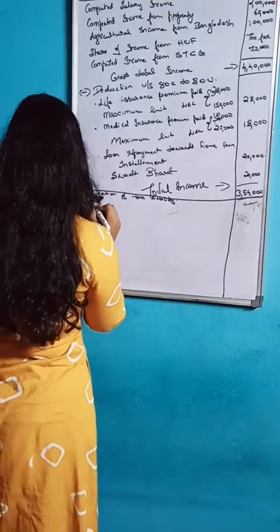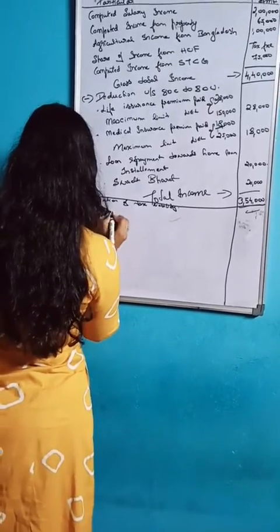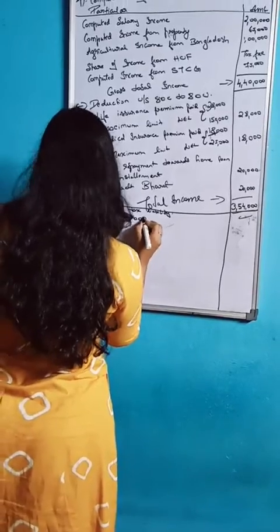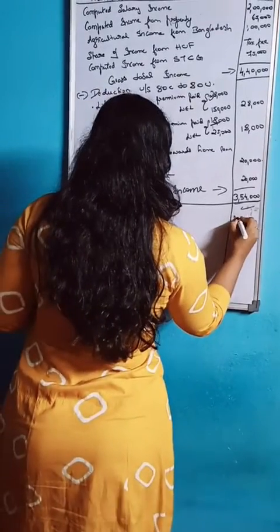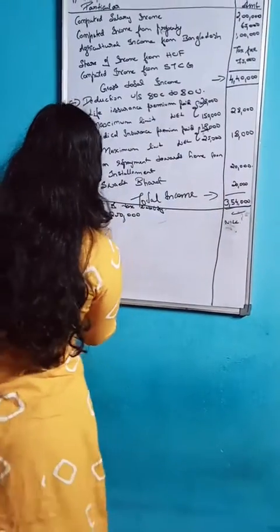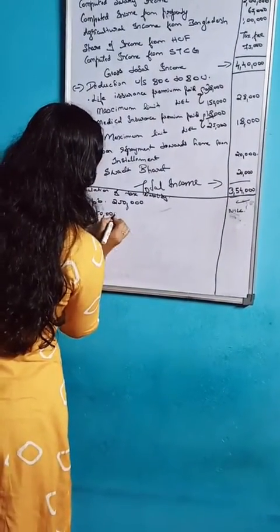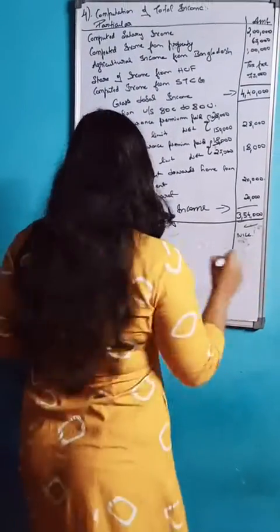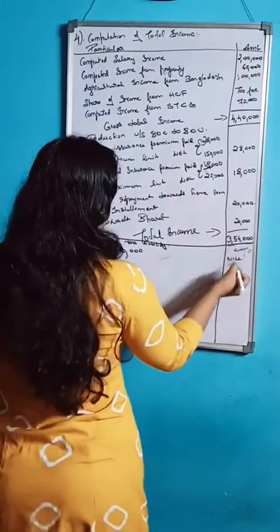So here up to 2,50,000 it's nil. Okay, and 2,50,000 to 5 lakh, so you should find out the difference. Our income is 3,54,000, which is not up to 5 lakh.